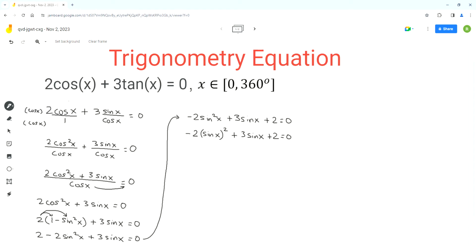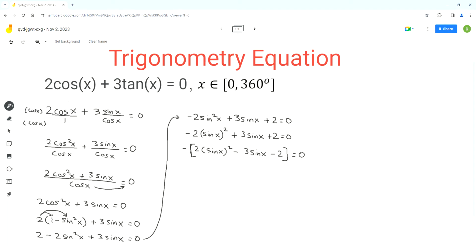So we can factor out the negative and that changes the sign of all terms. So we get 2 sine x square minus 3 sin x minus 2 equals 0.